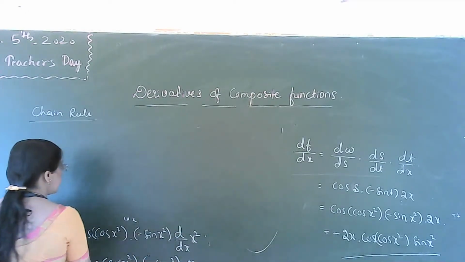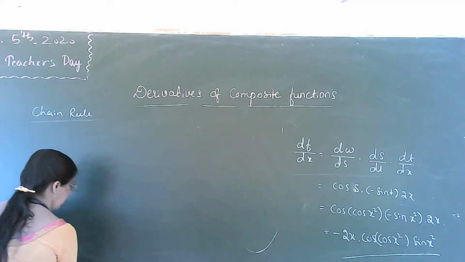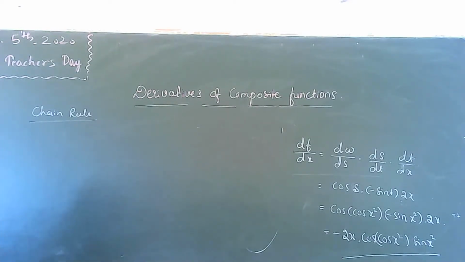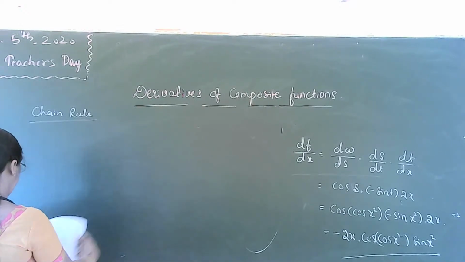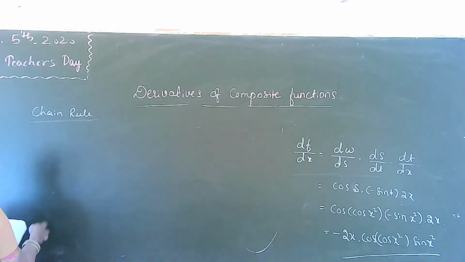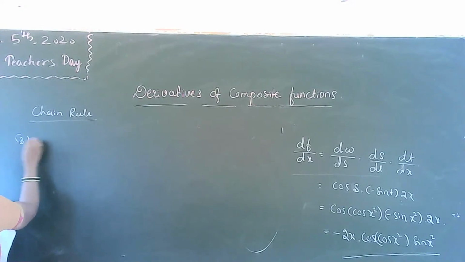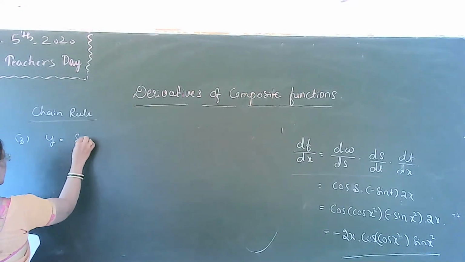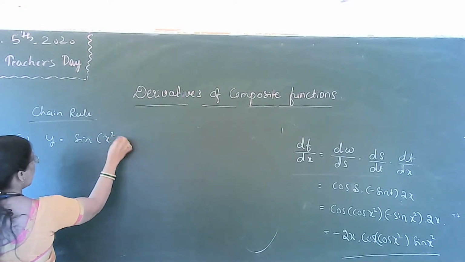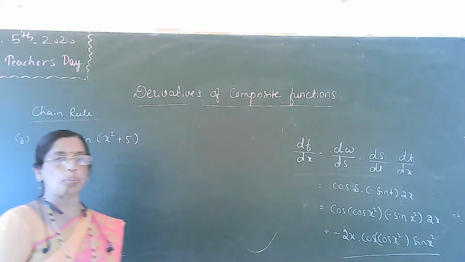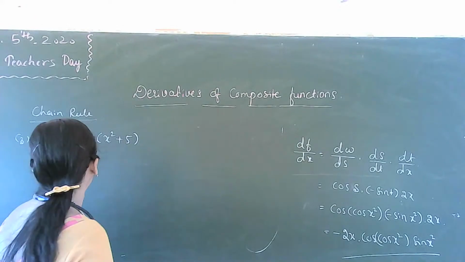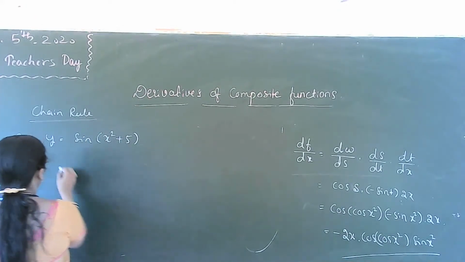We solve some other problems. Third one, y is equal to sin of x square plus 5. I am finding the derivative of this by using the alternate method only.